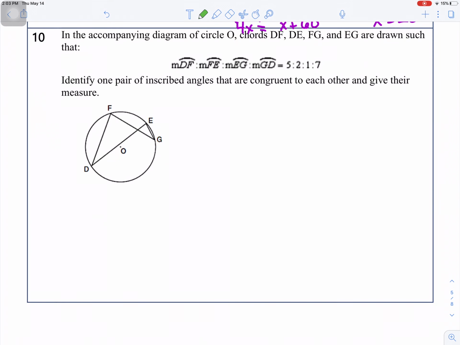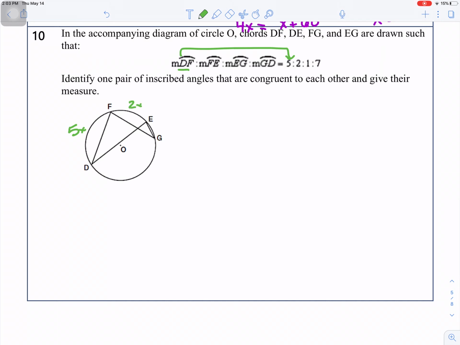Here's another one of those ratio questions. Remember, you have to line them up. So DF is first. It goes with the 5, and I put an X in. 5X. FE is 2X. EG is just 1X. And GD is 7X. All together, they add up to 360.